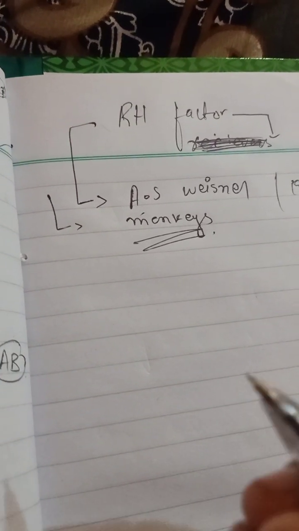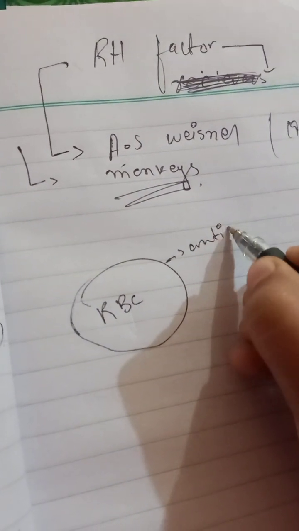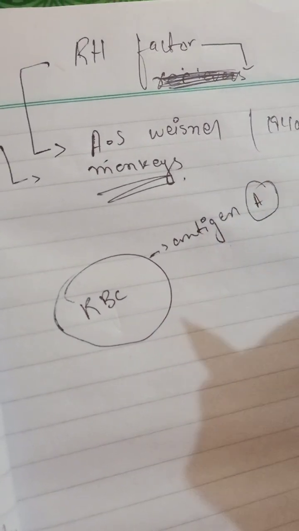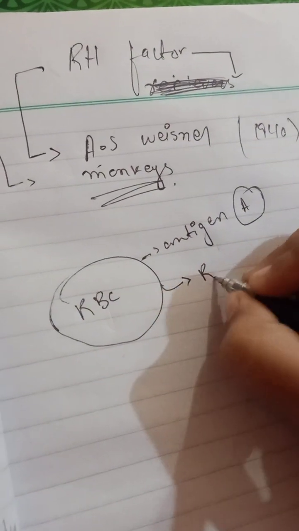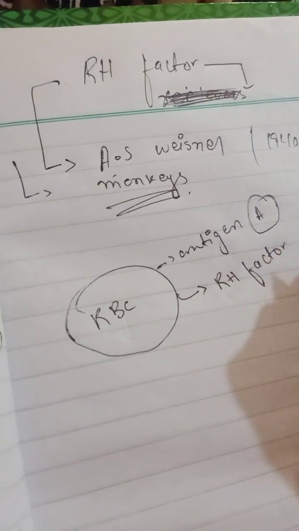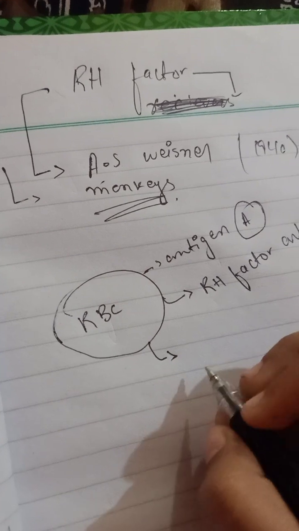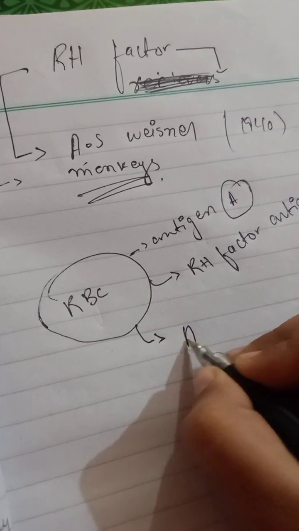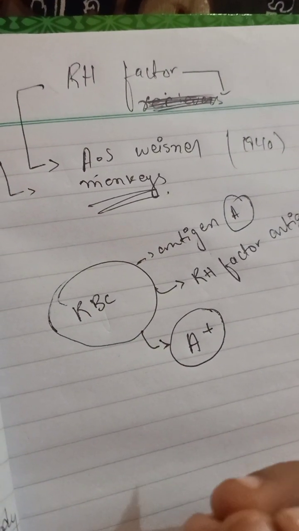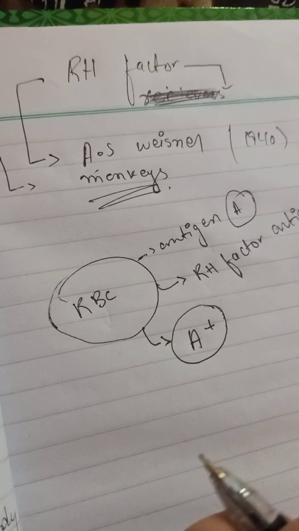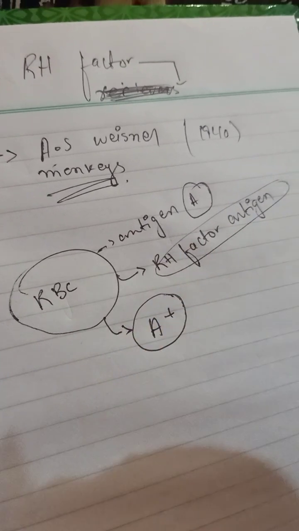For example, there is an RBC, and it has the antigen A. And with that, if the Rh factor antigen is also there, the blood group is A positive, which means the antibody of the Rh factor will be absent in the plasma, because the Rh factor antigen is present.